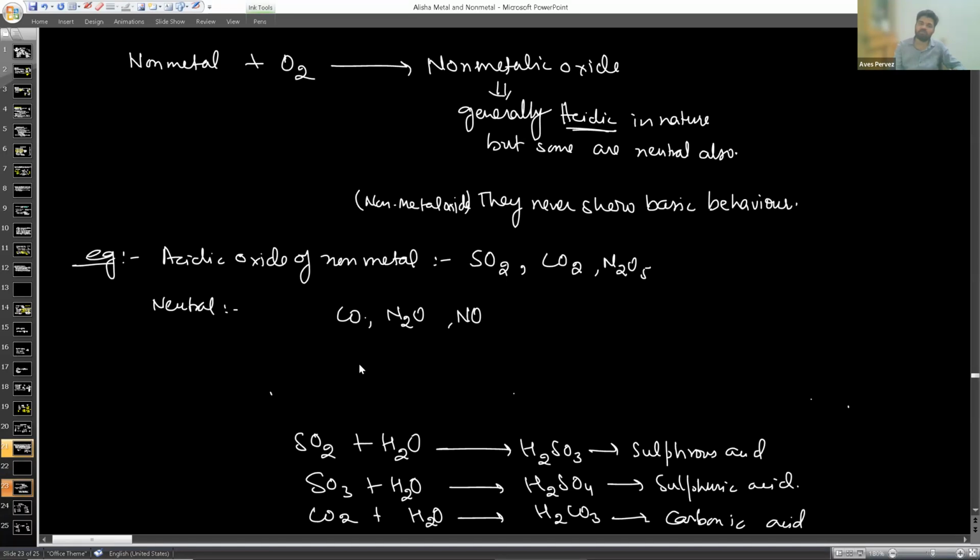They are either neutral or acidic. Some of the acidic oxides are this one, and the neutral non-metal oxides are these. When a non-metal oxide reacts with water, it forms an acid, like sulfurous acid. So please note it down fast.